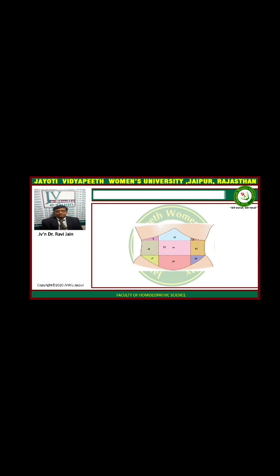You can see this distribution. Numbers 1, 2 and 3 show the hypochondrium, 4, 5, 6 the lumbar region, and 7, 8, 9 the iliac region. 1 is the right hypochondrium, 3 is the left hypochondrium, 2 is the epigastric region.